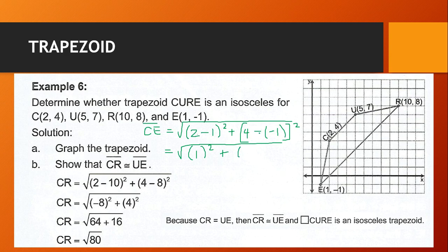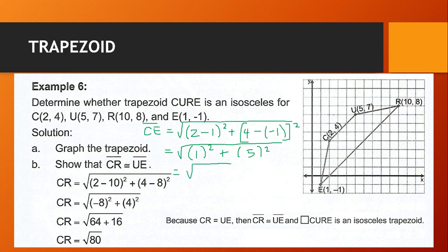Or just simply type in your calculator 4 minus negative 1, that will give you the answer of positive 5. So that's 5 squared.